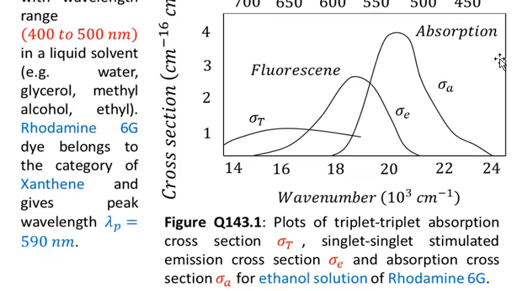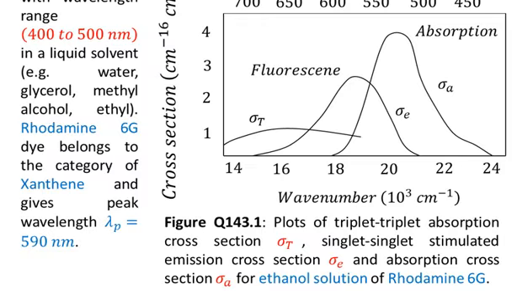So the absorption cross section is quite broad, you see over here, quite broader. And this is because the vibrational levels are located in a continuous sense, that is, they can hardly be resolved. So that's why the absorption forms a very broad band.